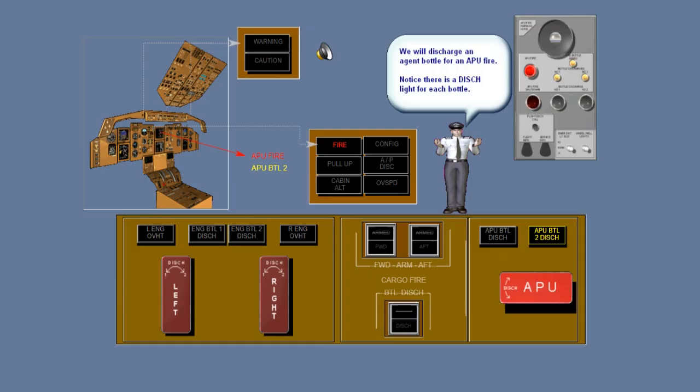Rotation of the APU fire handle to left or right will discharge the respective bottle into the APU compartment. Note the bottle discharge lights and ICAS advisory messages for these bottles.